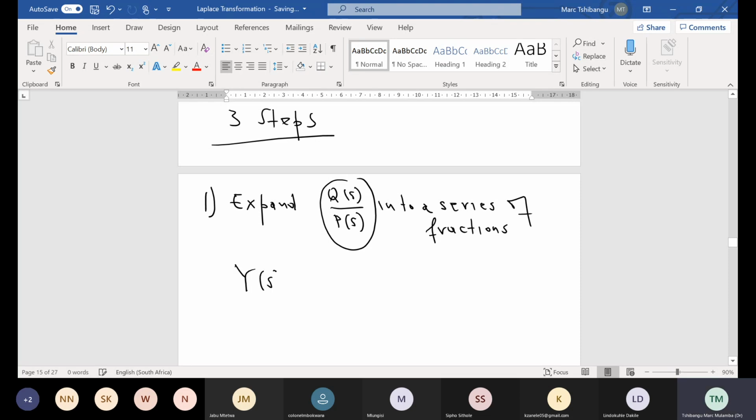So you have Y(s) equal to Q(s) over P(s), this will be equal to C1 over R1(s) plus C2 over R2(s) plus Cn over Rn(s), where C1, C2, and Cn are constants, right?